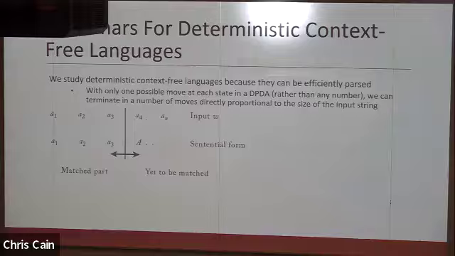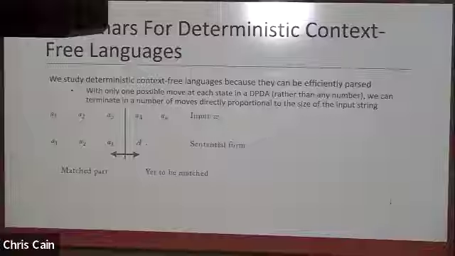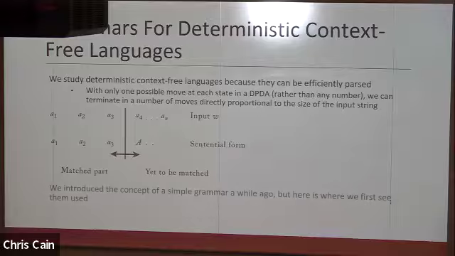So as we go through the input, as you would expect, we match part of the input to the terminals that the grammar is producing. And then there's going to be some kind of non-terminal that represents the input that we haven't seen so far. And this is another example of where something like Greibach normal form is useful, because for every production, you can immediately parse the terminal, and then what's left at the end of that is just a sequence of non-terminals.